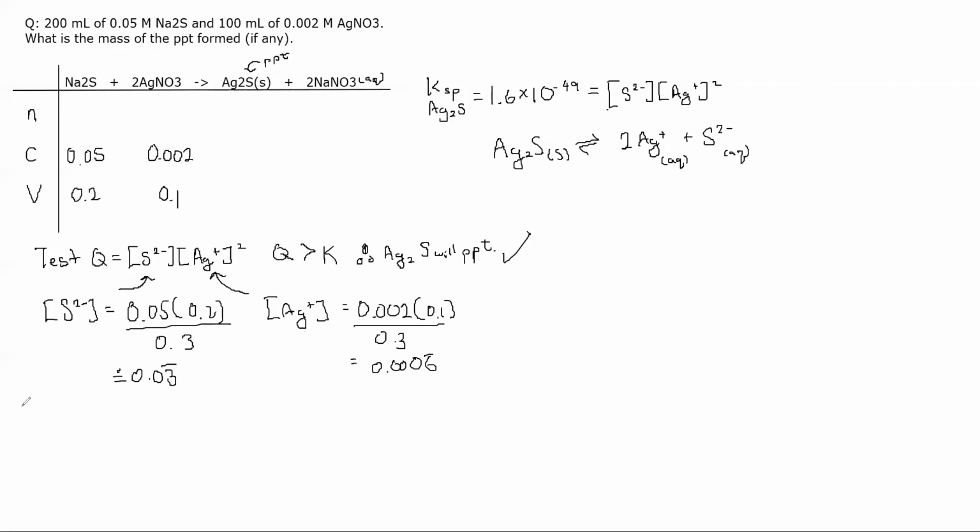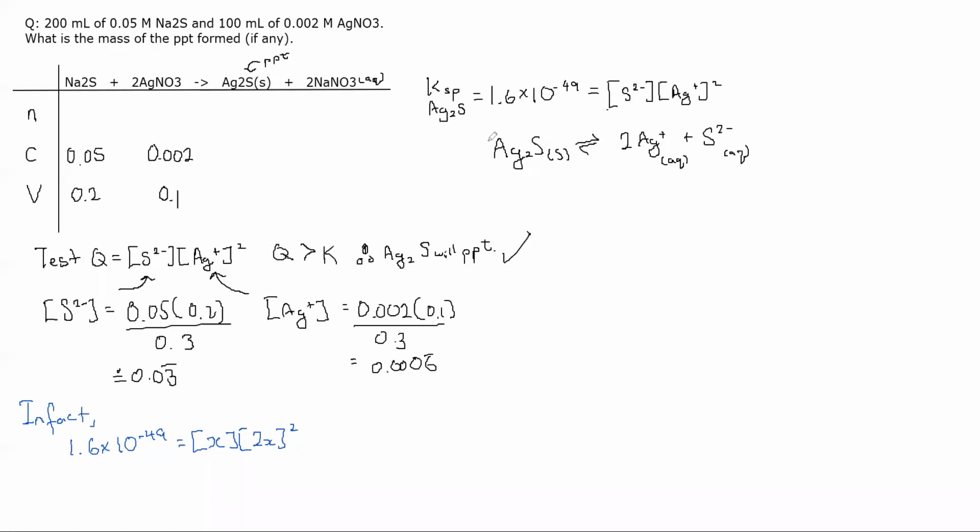In blue, the KSP of silver sulfide is going to be some concentration of sulfur and some concentration of silver.